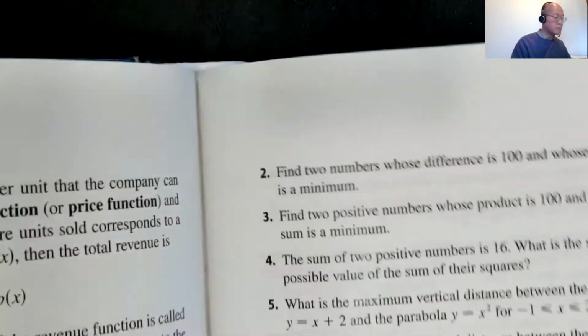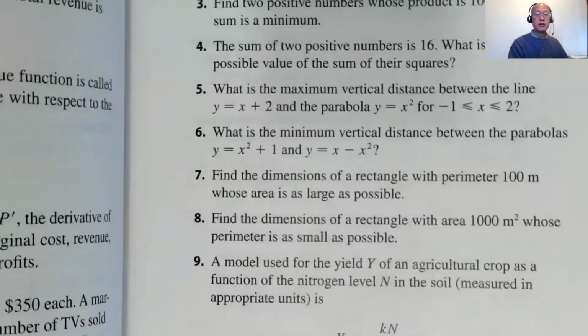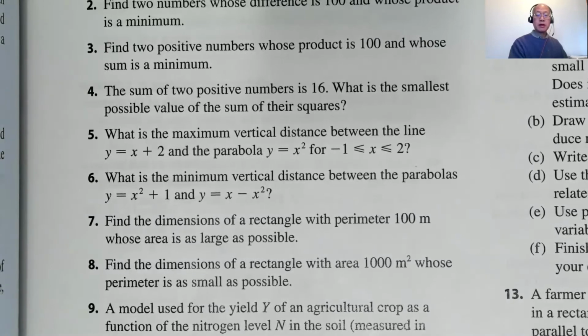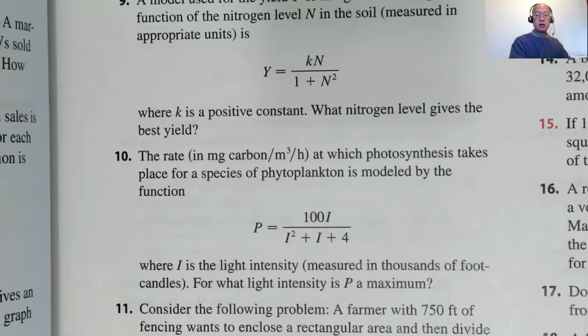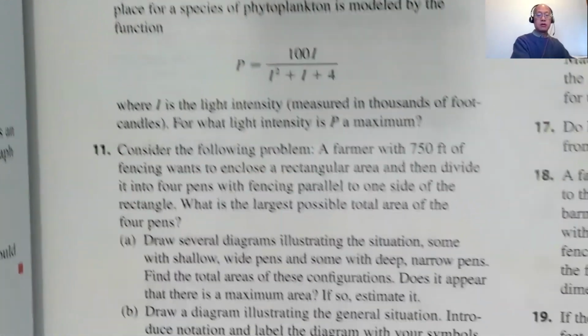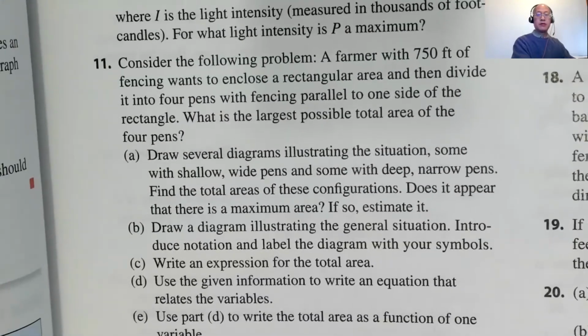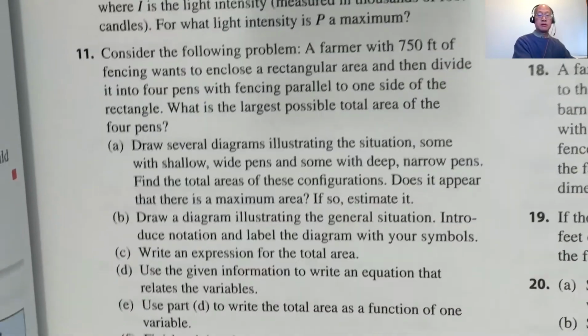Show them to you. So page 336 and 337. Looks like where we're starting, page 337. So that should give you 3 through about 9. Or 11. 11 is kind of long there.